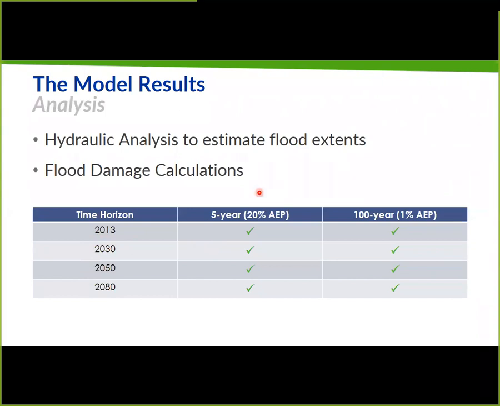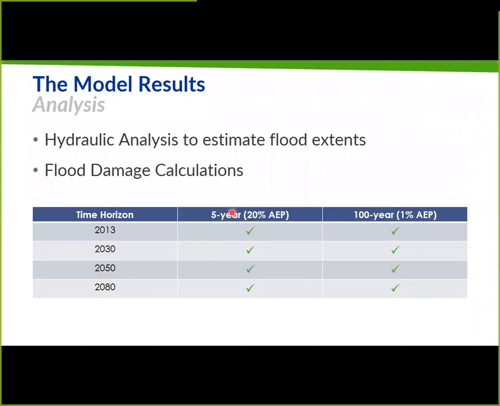City of Surrey uses a 5-year storm, which has a 20% probability of occurrence in any given year, as their design standard. So their intent is to size a drainage system to contain and collect this rainfall water and put it in a pipe and take it away so that you don't have to worry about it.